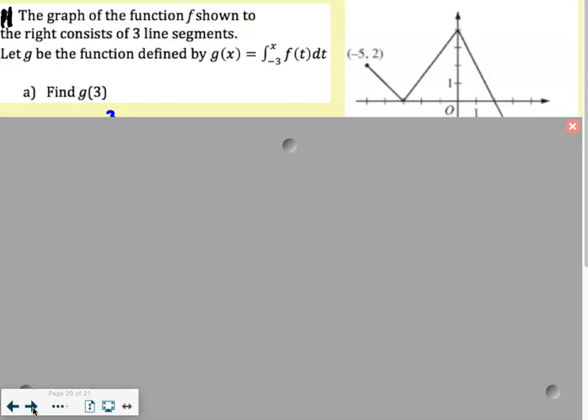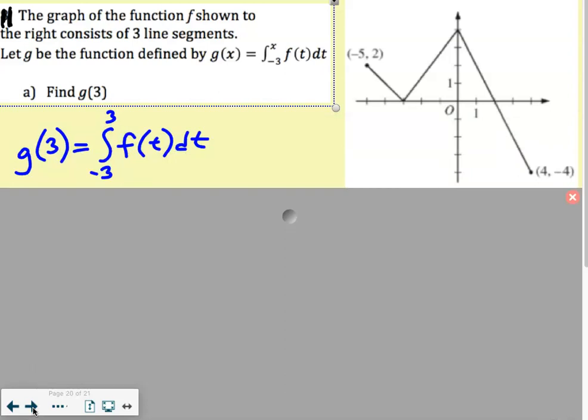It doesn't say g prime of 3. It says g of 3. G of x is this. This is your x. We're replacing the x with a 3. G of 3 is the integral from -3 to 3 of f of t dt. How do we find the integral from -3 to 3 of f of t dt?